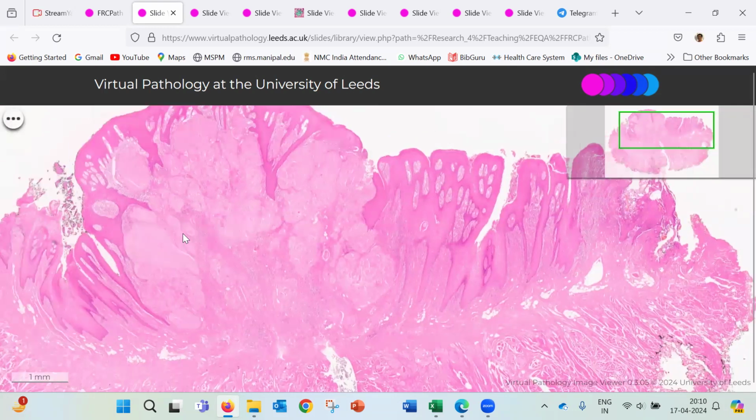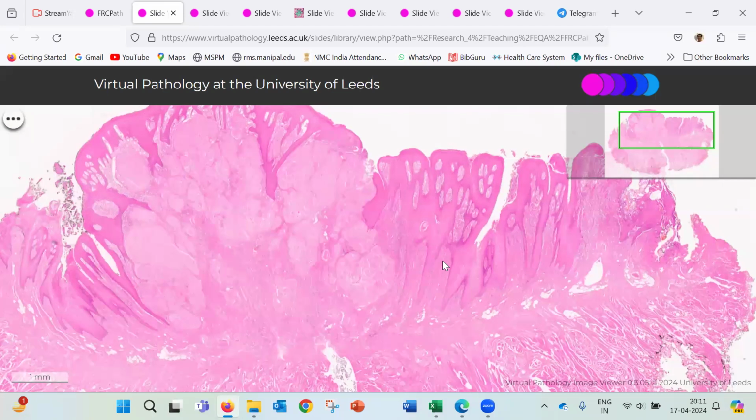In this case, you must say that I will do a Congo red on a thick section at room temperature, and I will examine the Congo red under polarized microscopy.